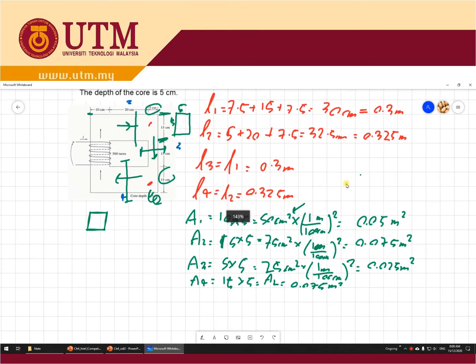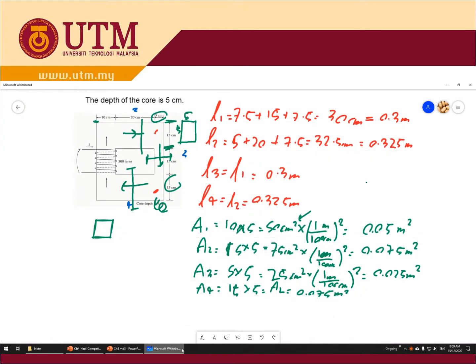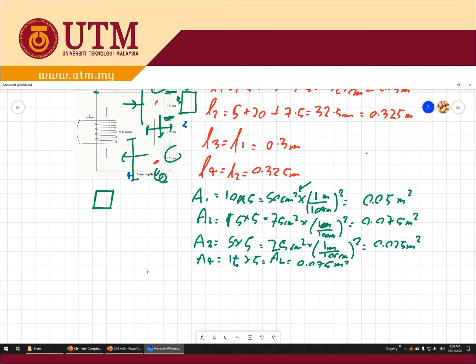Now, after you get the dimension, you can calculate the reluctance. Okay, so remember the reluctance. S1 is L1 divided by mu naught mu R A1. Maybe this one is too complicated, so we just use this one. It's easier, because if it involves the same material, it is easy if you just calculate the total value.